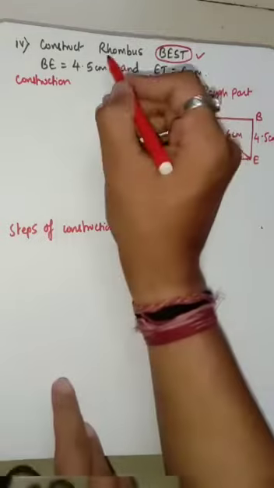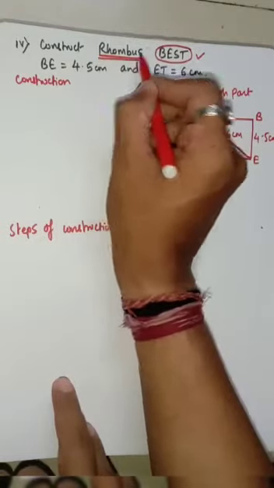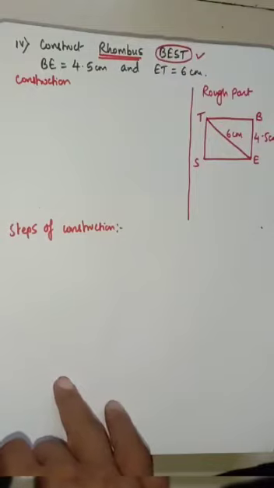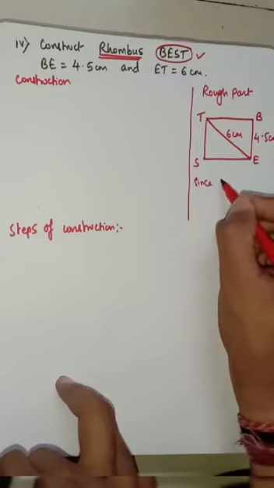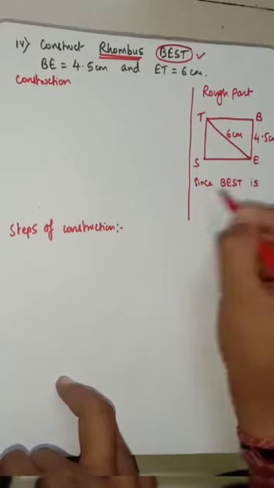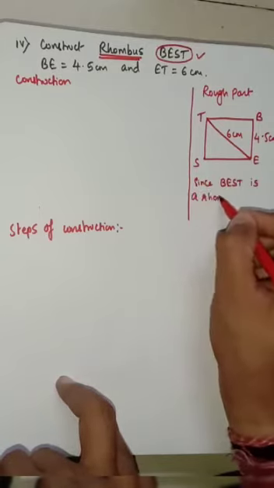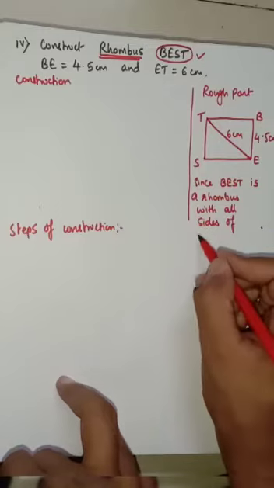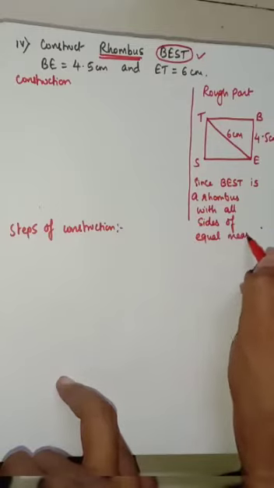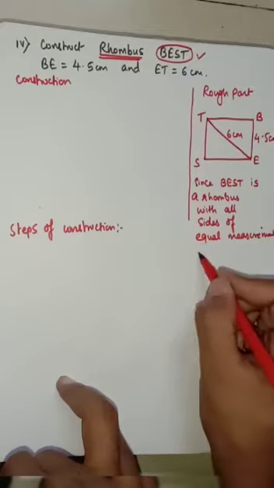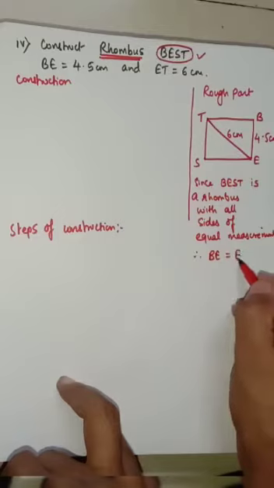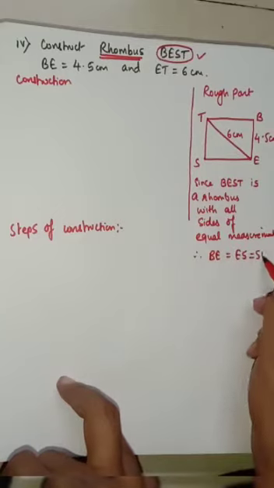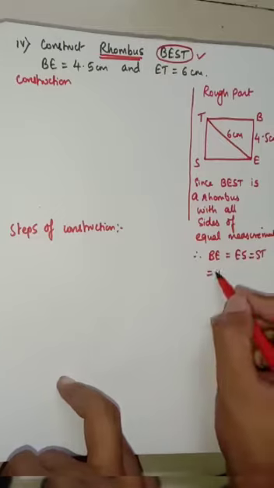The thing is that the quadrilateral is a rhombus, and a rhombus is a figure with all of its sides of equal measurement. So since BEST is a rhombus with all sides of equal measurement, therefore BE will be equal to ES, equal to ST, equal to TB.